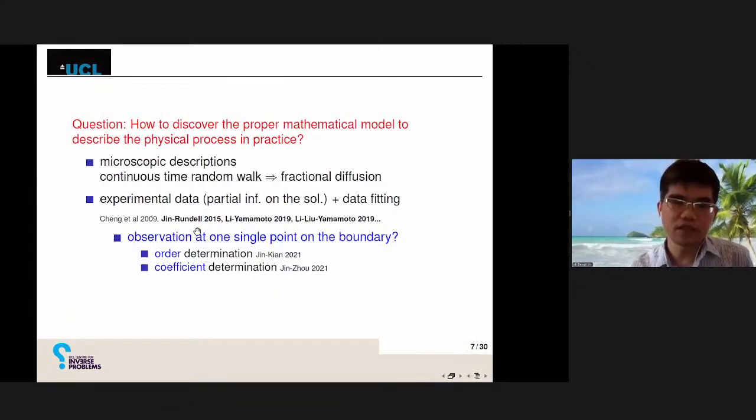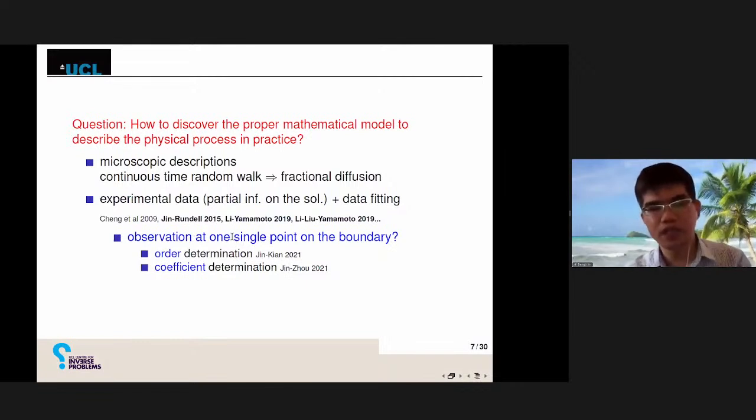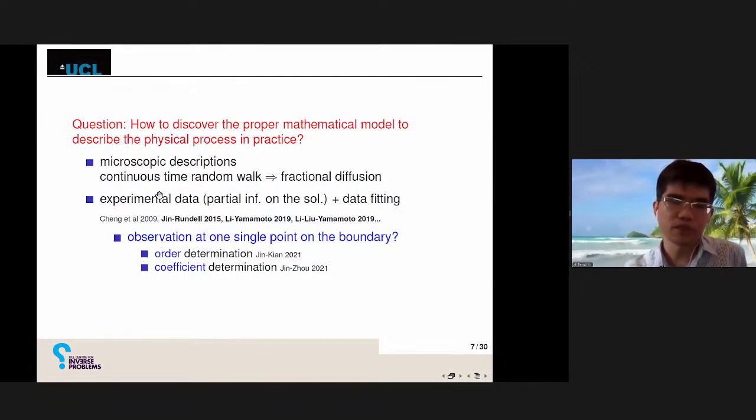The specific focus is that we have the observation at a single point on the boundary. That's the focus of this talk. And I will discuss two cases separately. One is that we try to find the order alpha in this model. And in the second case, which is a bit more ambitious, we want to identify the coefficient alpha and other parameters, again from one single point observation.